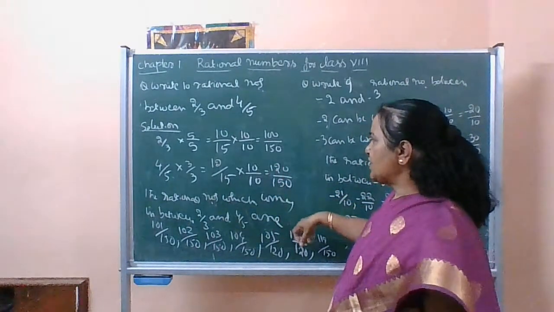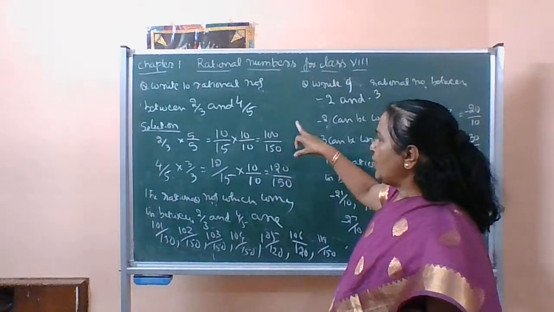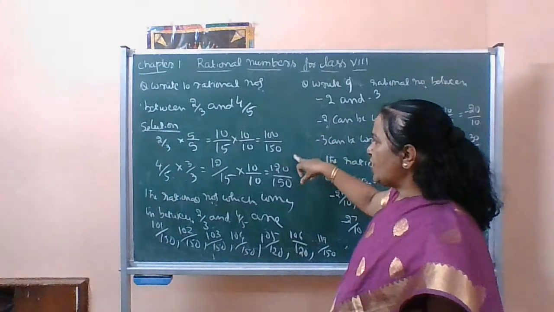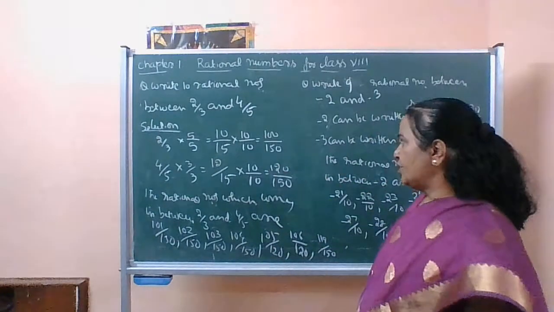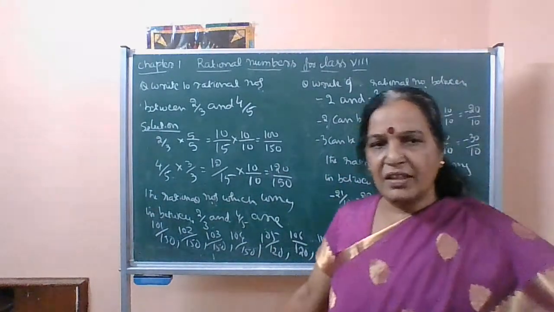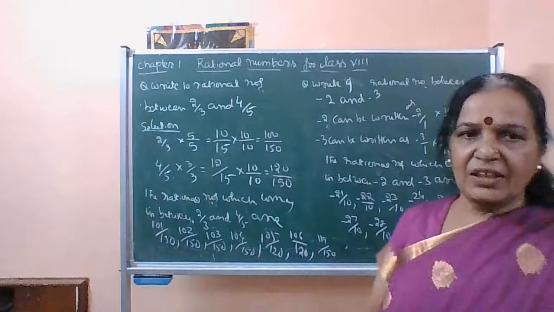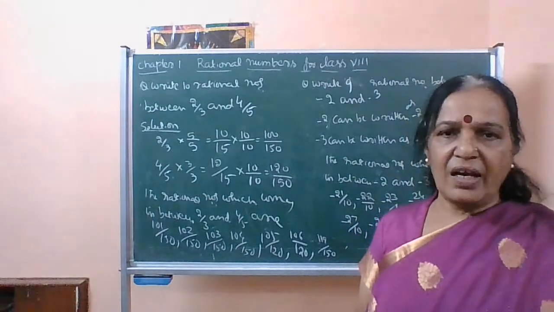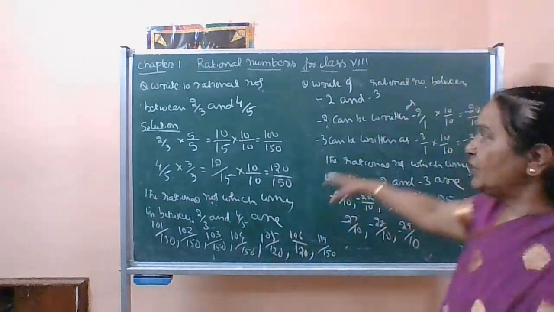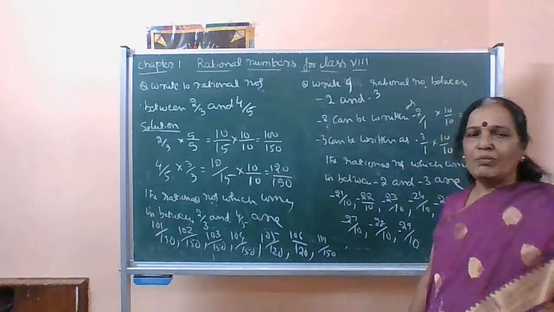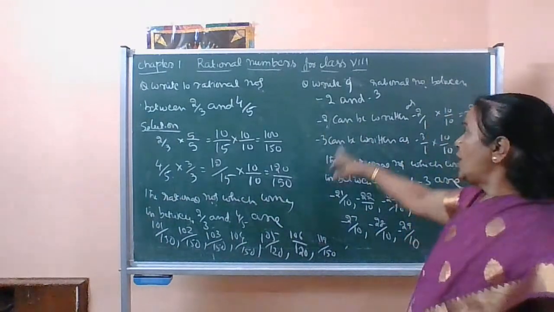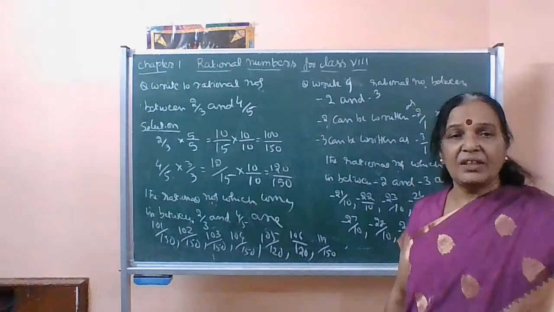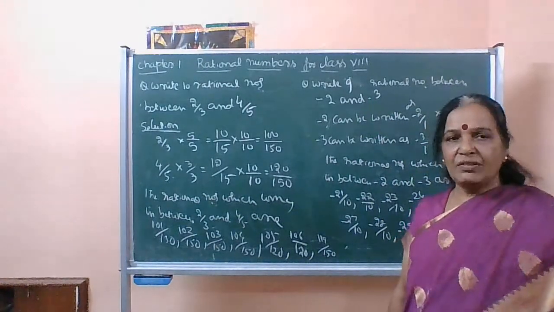The rational numbers which come in between are 101 by 150, 102 by 150, 103 by 150. Like that it continues till 119. Here you got about 19 rational numbers. That many are not required. And in this question, -2 you can write as -2 by 1, and -3 can be written as -3 by 1.